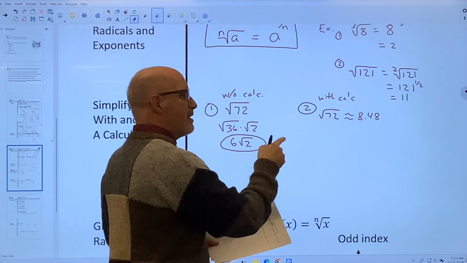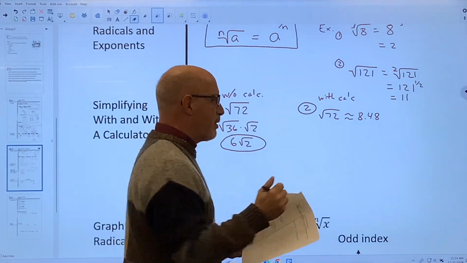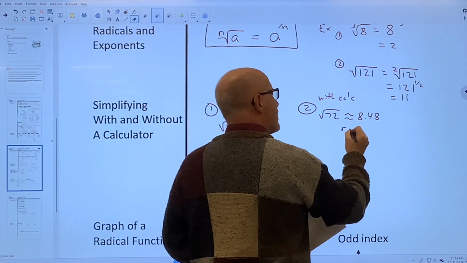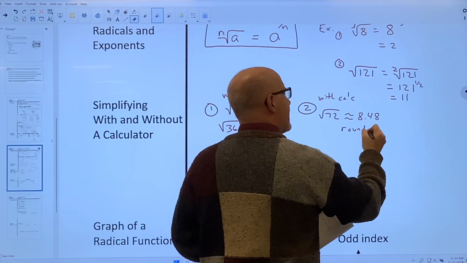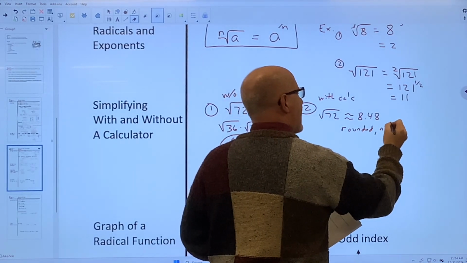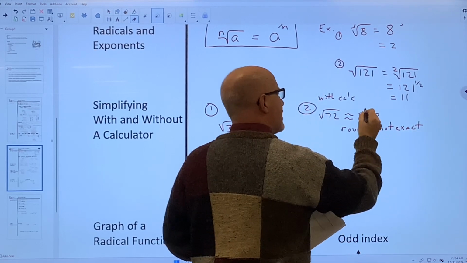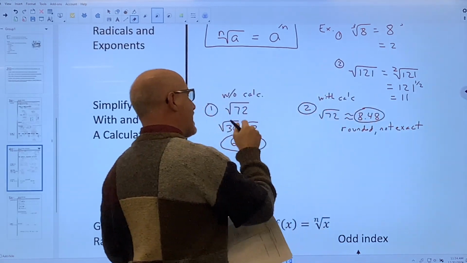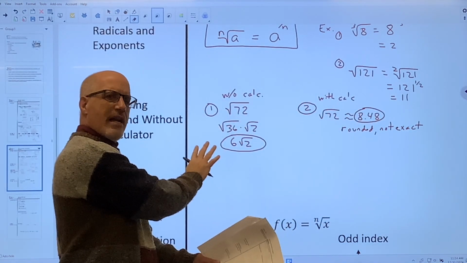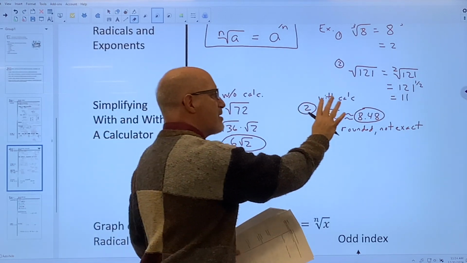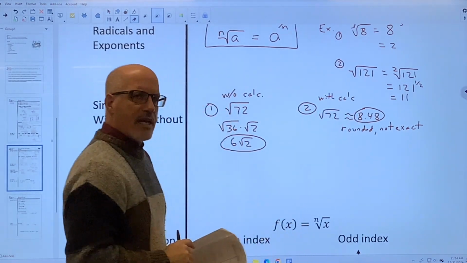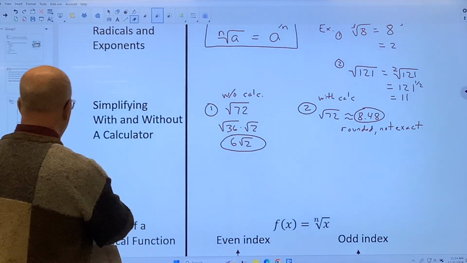So that would be the decimal rounded to 2 decimal places, but just remember this is rounded, not exact. So when asked for an exact number, you've got to leave it in radical notation. When you're asked to round the answer, you go ahead and use your calculator to get that answer.